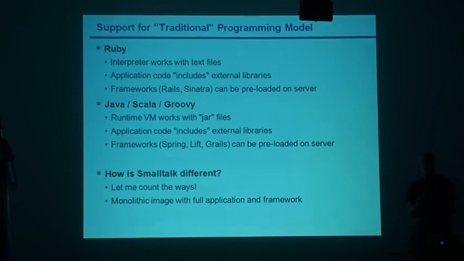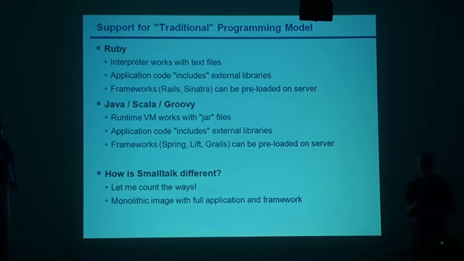The frameworks, Rails, Sinatra, these application frameworks can be preloaded to the server. Java has a runtime that works with jar files. Application code includes external libraries. The frameworks can be preloaded on the server. Okay? I hope you're sensing a pattern here.